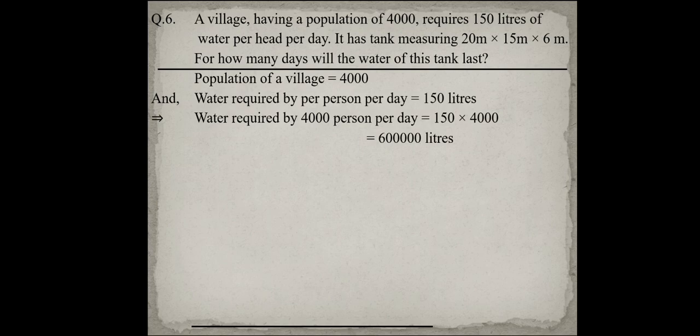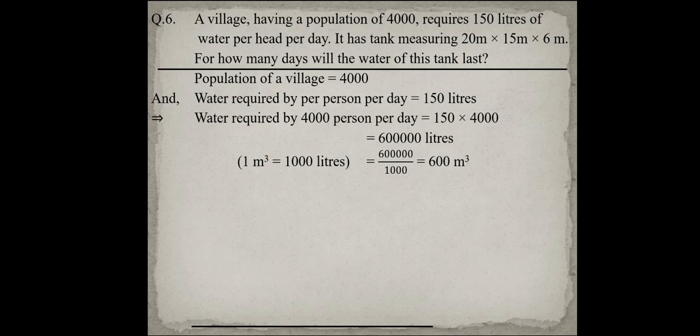So here in this village, one tank measuring 20 meter by 15 by 6 meter. Now for how many days will the water of this tank last? Now we need to find out the volume of this tank. Volume of this tank is equal to 20 meter by 15 meter by 6 meter. Before that, the unit is in meter, but the water required by the population is in liters.